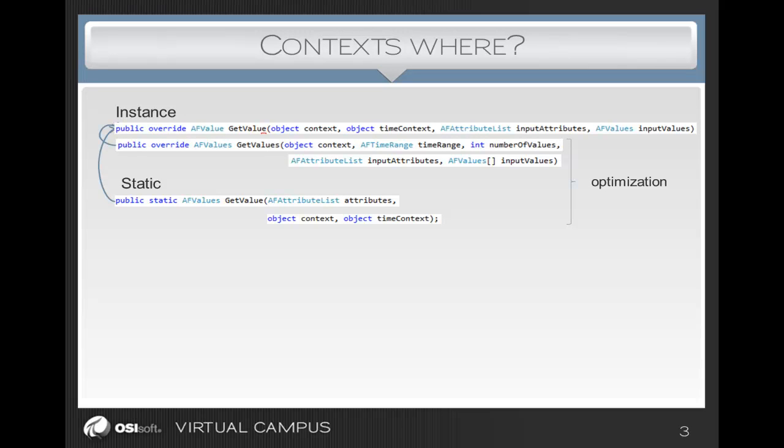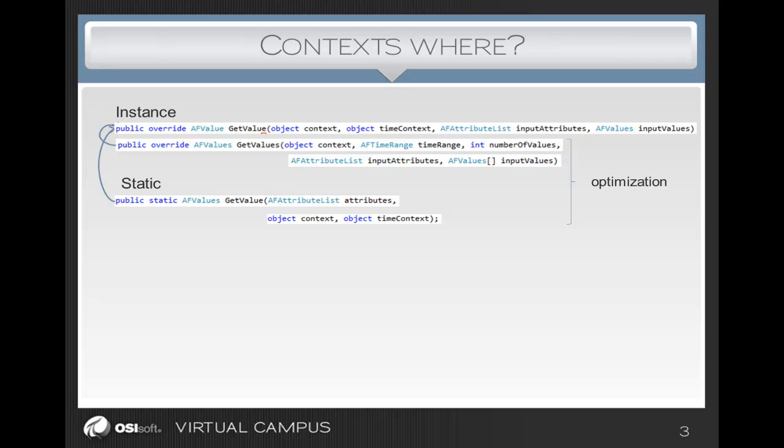Where are these contexts used? Well, basically these contexts are used wherever your data reference is requested values. So the most important one will be the instance GetValue method that you can override from the virtual GetValue method of the AF data reference object. The second one would be the GetValues method.